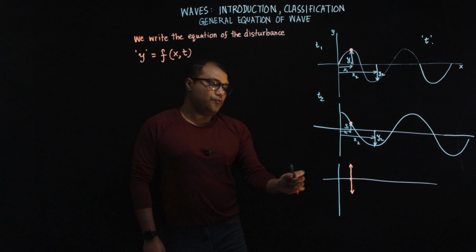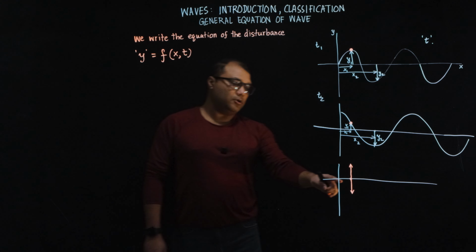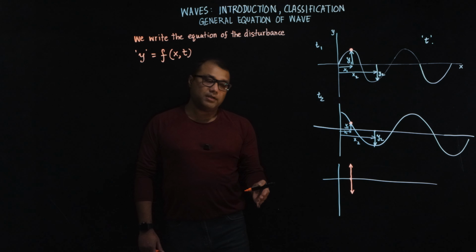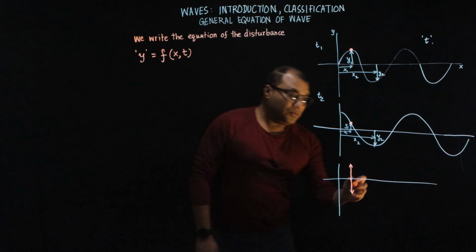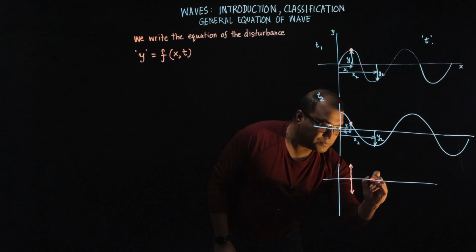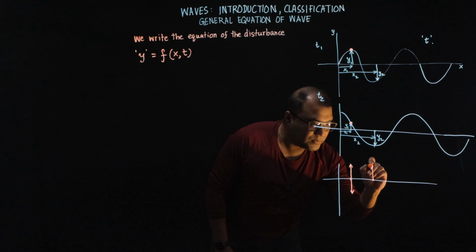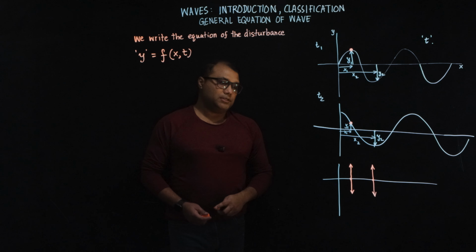So that particle itself is oscillating about a mean position. That oscillation may be an SHM, simple harmonic motion, or may not be, okay? But if you focus on every point on the string, every one of them is oscillating about its mean position.